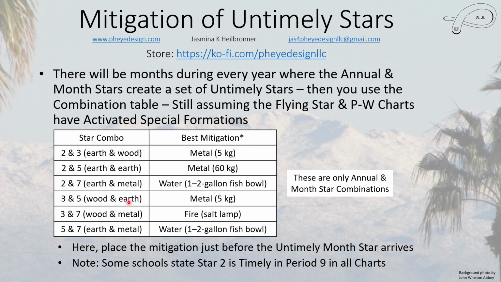And if you are going to place this mitigation, the best time to place it is just before the untimely month star arrives. And if this location has an annual affliction, I would do it as close as possible, hopefully only a few minutes before the new month starts, so that the activation you are doing by placing the element there has a very short window where it can affect it.